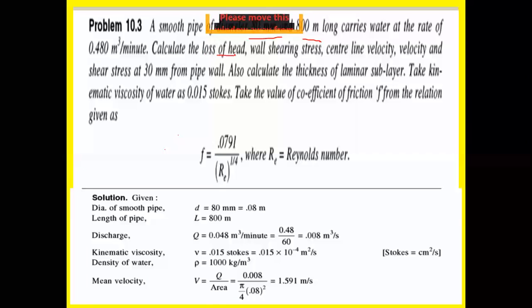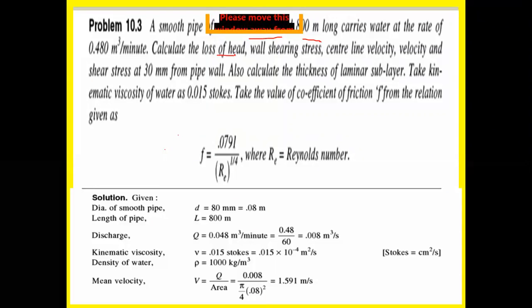Calculate the loss of head, hf. When it says loss of head, you have to directly strike your mind: hf, right? Calculate the loss of head, wall shearing stress tau, center line velocity, and velocity at 30 mm from the pipe wall. Also calculate the thickness of the laminar sublayer.